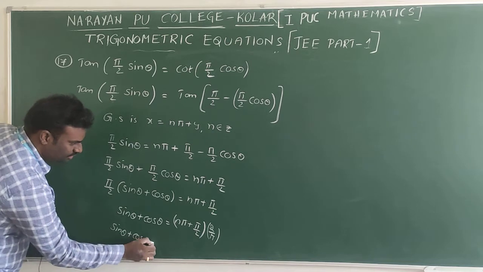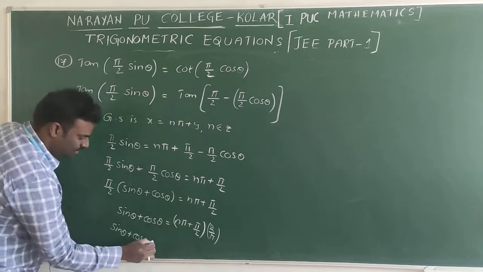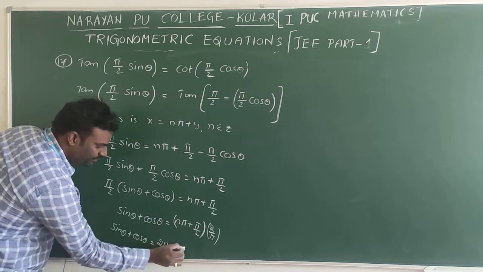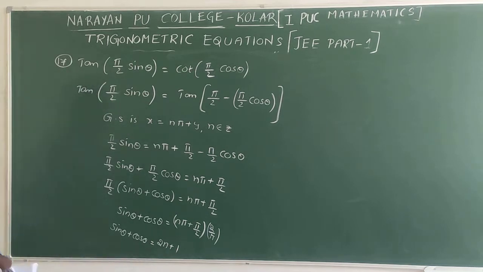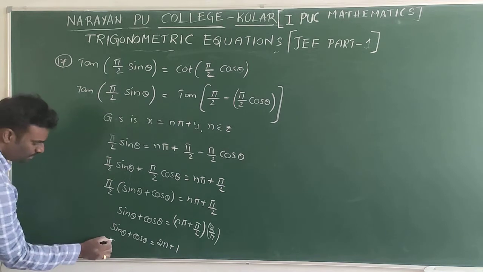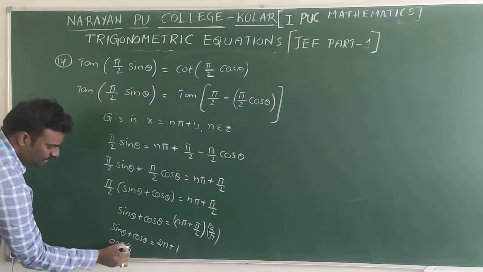Here pi gets cancelled and you will get 2n plus 1 as the answer for the 17th question. That is nothing but option B is the correct answer.